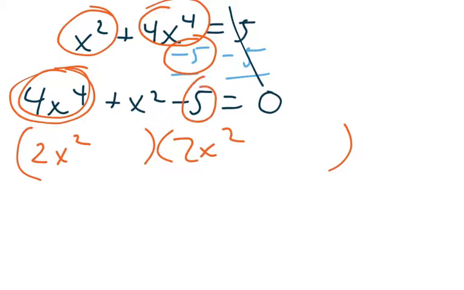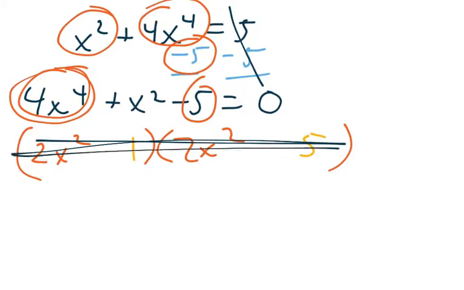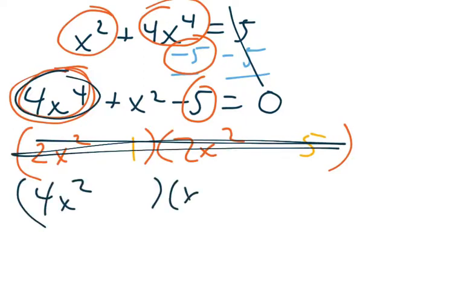And the 5 has to be 1 times 5, right? Now, looking at that, that's not working out. So, let me start over again. I'm now going to try 4x squared times an x squared, because that's also 4x to the 4. And I'm going to take that 5 and do 5 times 1.